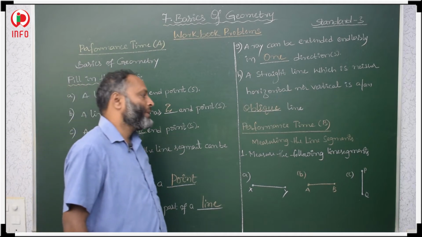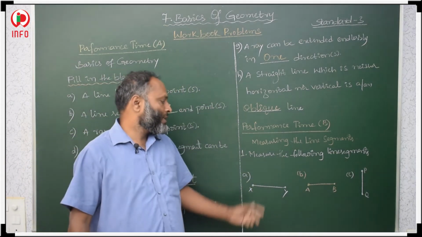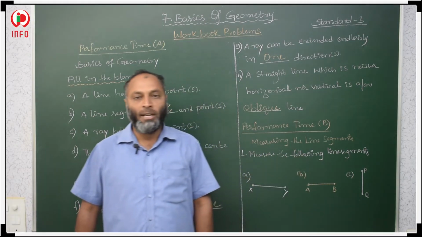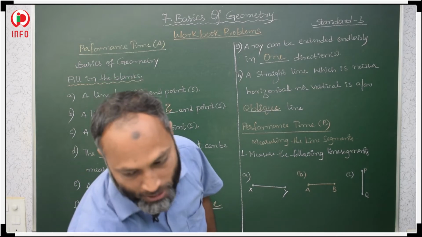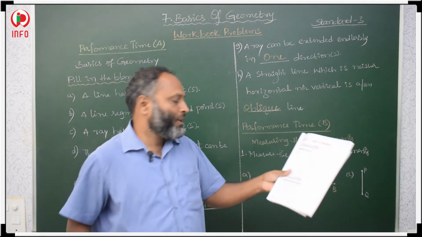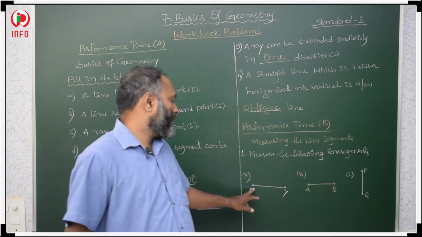Next, in performance time B, what is given in the first bit? Measure the following line segment. Line segment length we have to measure. How to measure the length of a line segment? In your textbook 3 questions are given. The first question is the XY line segment is given.